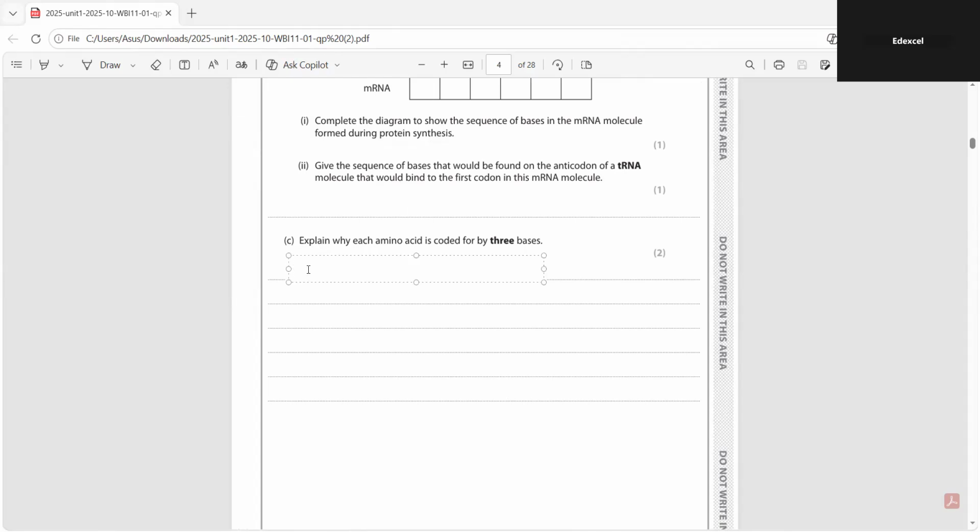It's a simple solution because using 1 or 2 bases would not make enough combinations to code for all amino acids. So we mandatorily need 3 bases. So that's the answer for that.